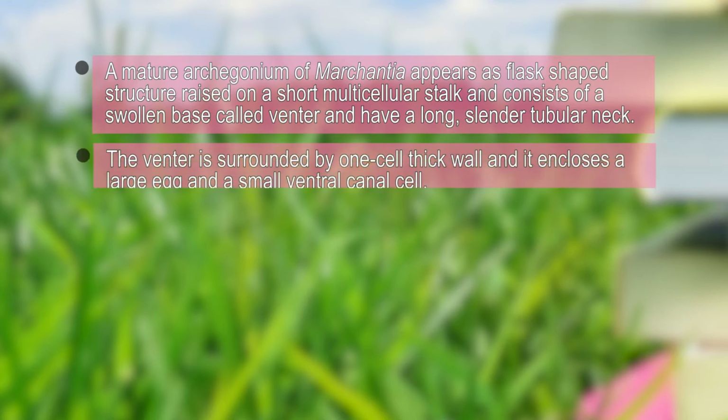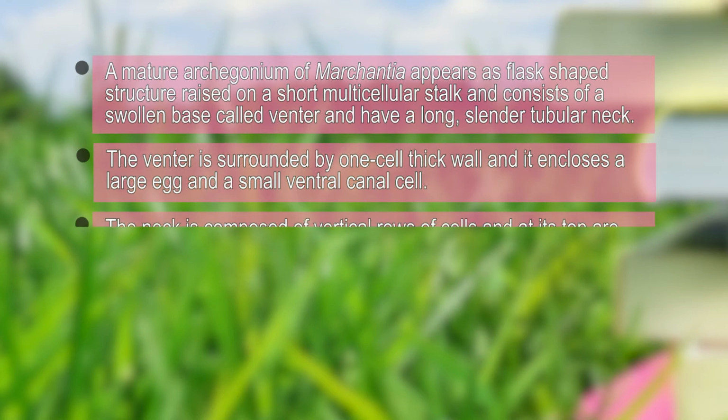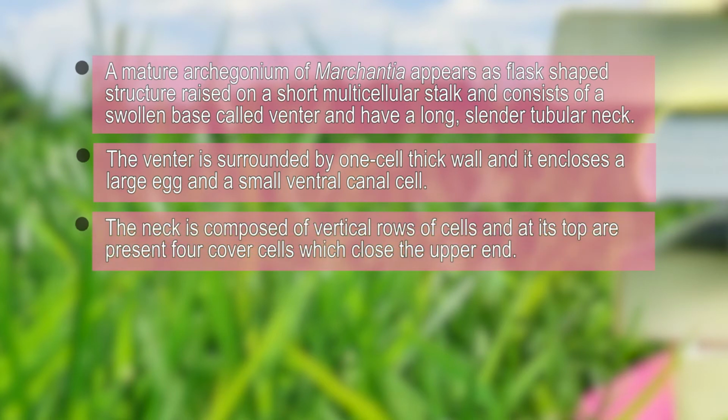The venter is surrounded by one thick wall and encloses a large egg and a small ventral canal cell. The neck of the archegonium is composed of vertical rows of cells, and at its top are 4 cover cells which close the upper end.